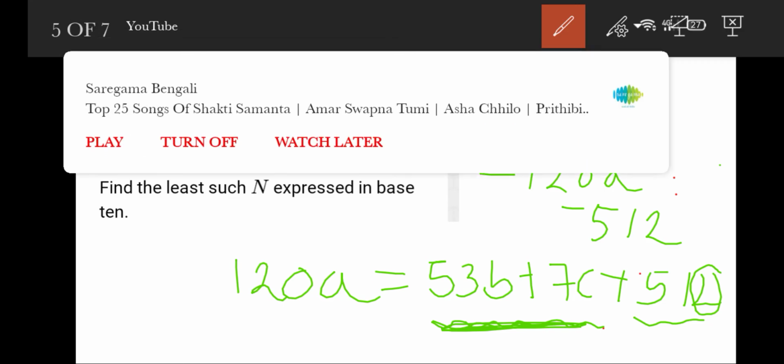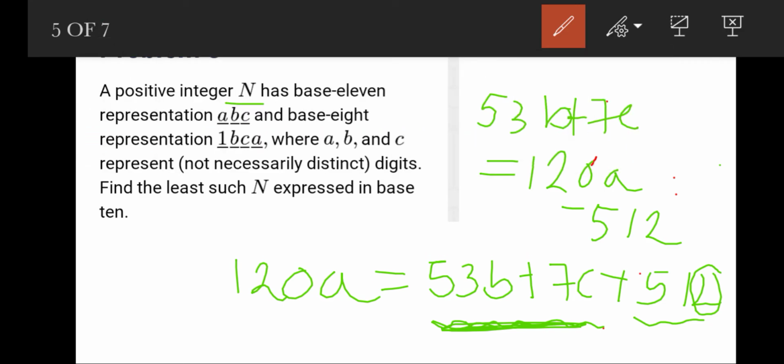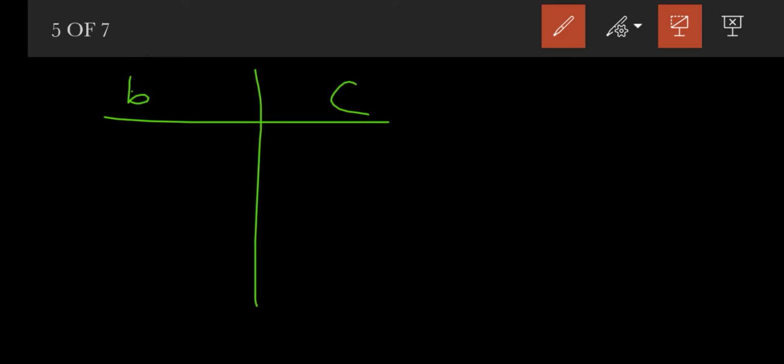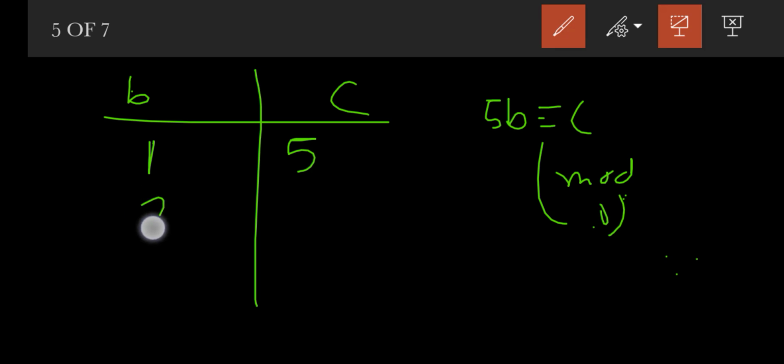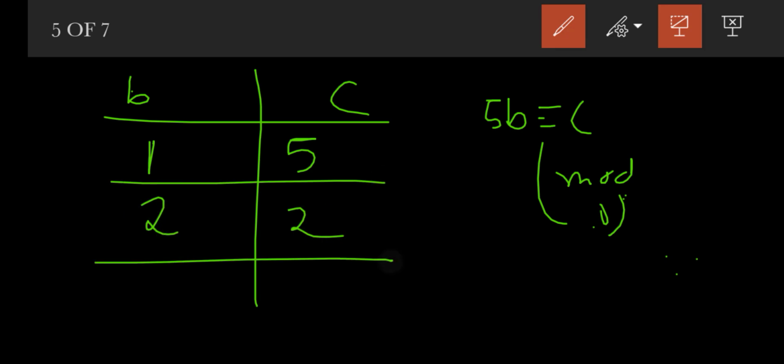Let's see what is happening. We already have b and c in a table, where 5b is congruent to c mod 8. For b equal to 1 we get c equal to 5, for 2 we get 2, and for 3 we get 7.